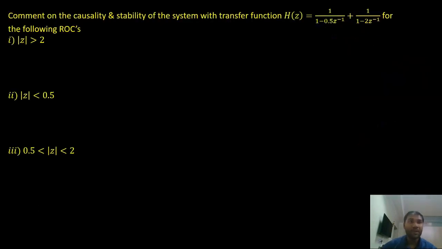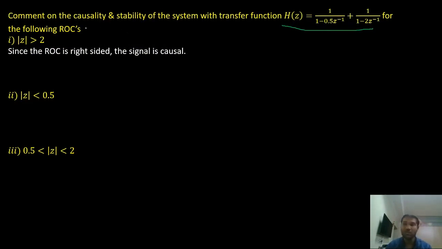Now we'll comment on the causality and stability of a system when this is the transfer function. We have to comment on the causality and stability for three different ROCs. First, mod z is greater than 2. That means the ROC is right sided, outside the circle, outside the outermost pole, right?